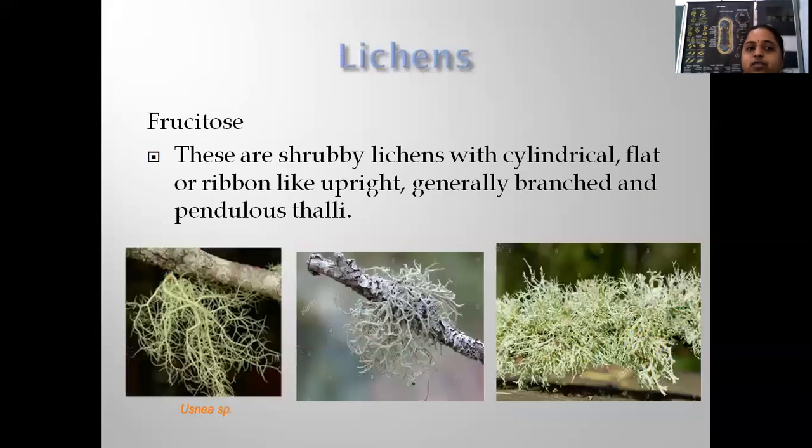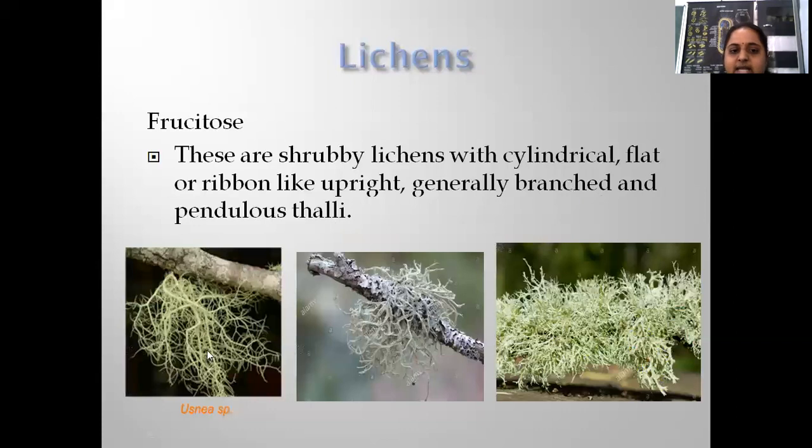The third type is fruticose. These are shrubby lichens, shrub-like, with erect, pendulous thalli. I'll read the sentence: these are shrubby lichens with cylindrical, flat or ribbon-like upright, generally branched and pendulous thalli. Upright means erect, and pendulous means hanging.